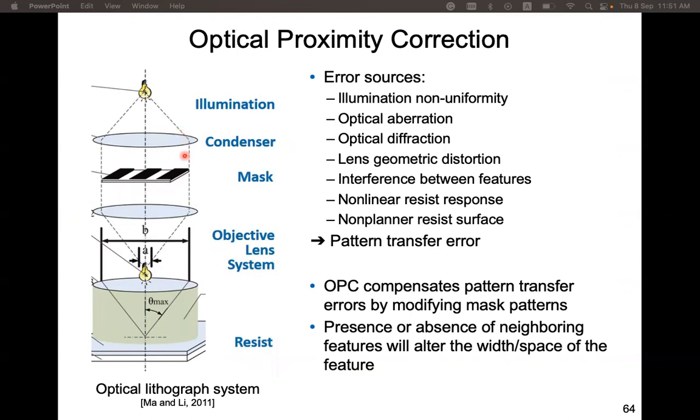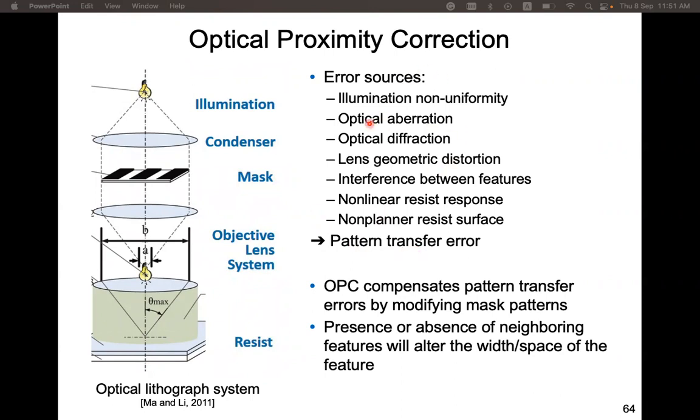So we wanted to transfer the pattern on the mask into the photoresist. That's our purpose. But this pattern transfer could be corrupted by many errors in the optical system.